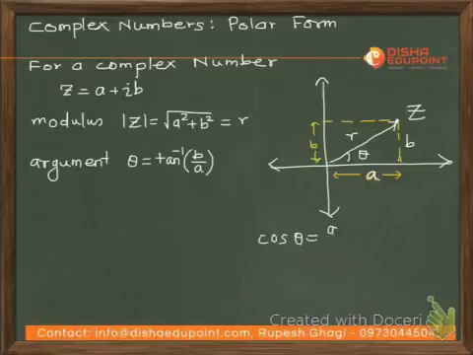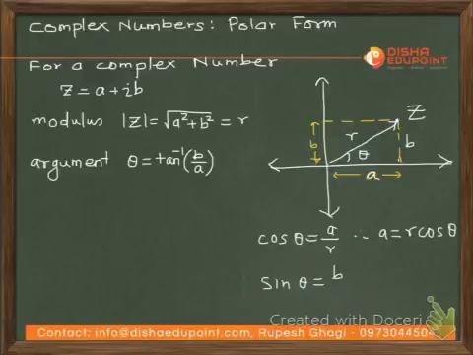So cos theta is equal to the adjacent side upon the hypotenuse, which is a upon r. That's why a is equal to r cos theta. Similarly, sin theta is equal to b upon r, and hence b is equal to r sin theta.